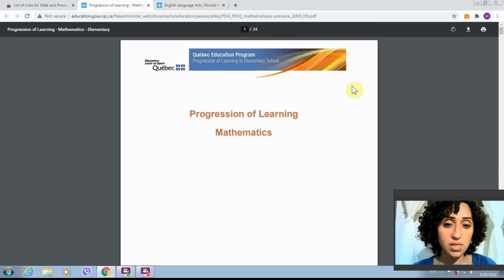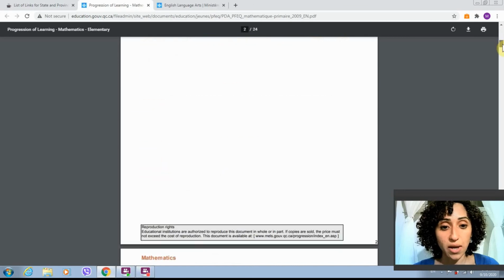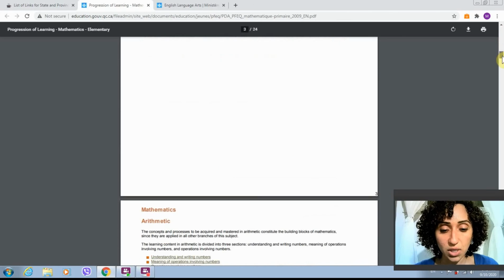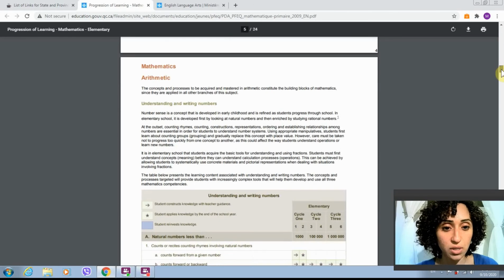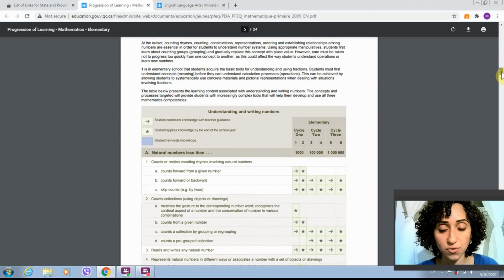So this is an example of the elementary progression of learning for math. As we scroll down through the table of contents, through the introduction, through the first few pages, we're going to get to the first umbrella standard, which is understanding and writing numbers.